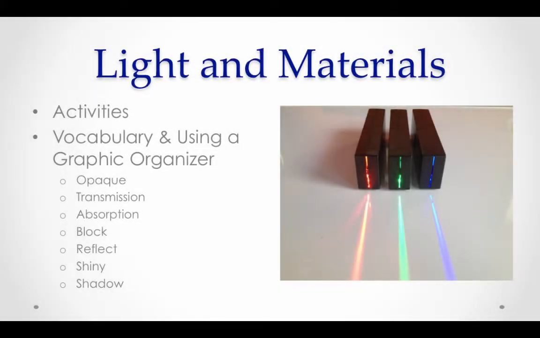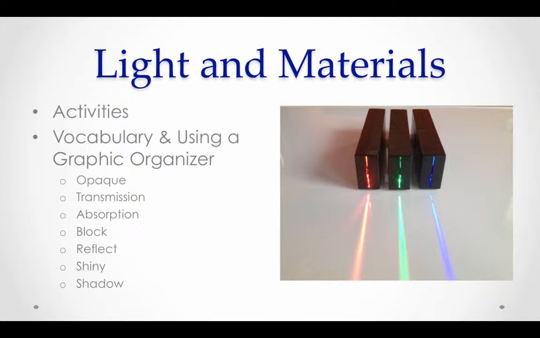So this is going to introduce a bunch of vocabulary. We're going to introduce terms like opaque, the fact that light is transmitted, or transmission. We'll actually put a name to this phenomenon that we were looking at with the color absorption. We'll take a closer look at what that term means. And another way that you can talk about absorption is blocking. That'll set us up to be able to talk about shadows. And also reflection. We've touched a little bit on that.